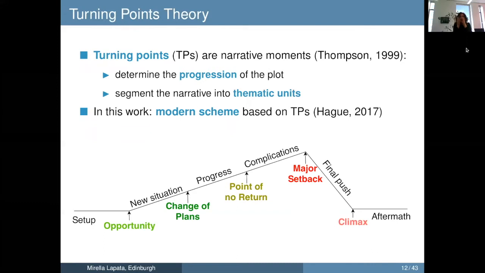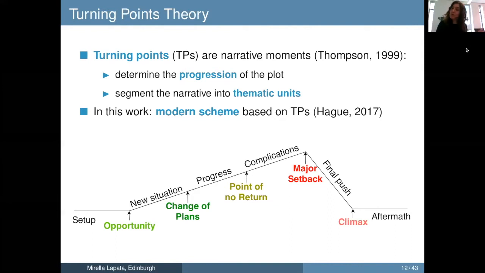So they are segmenting the events in the movie in different parts. And we are following this modern scheme based on this book by Haig that appeared in 2017 that assumes that the turning points are basically 5. And so I have an example here of the turning points, and then we will see how this applies to movies.